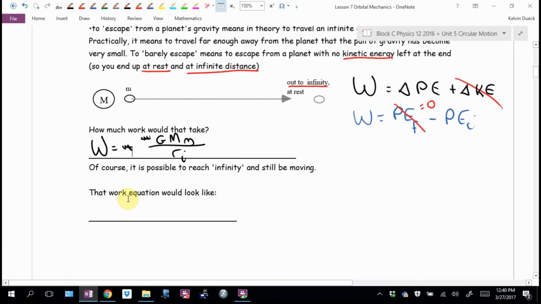What would that equation look like? Well, it would still be work equals big G, big M, little m over R initial. That's how much energy you need to get out of Earth's gravitational field. And then I guess you'd have some kinetic energy, whatever speed you want.